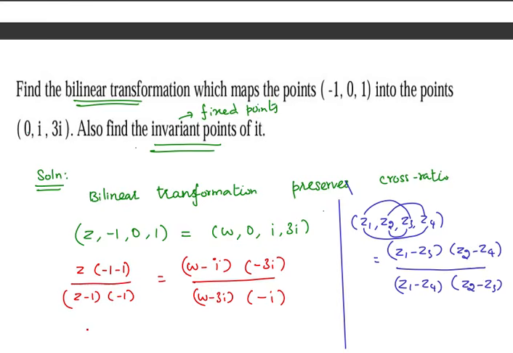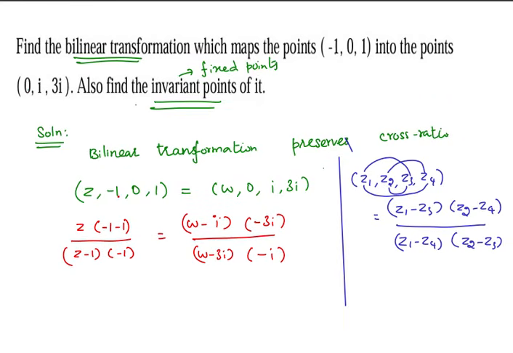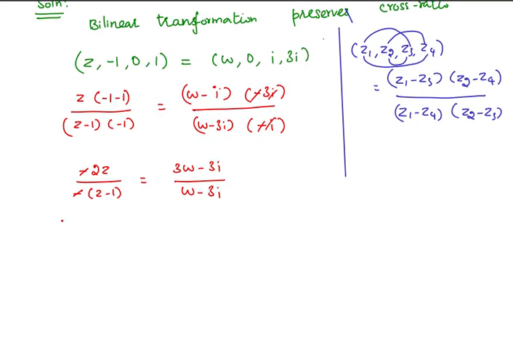So this is the case. Now the left side is minus 2 times z divided by minus z minus 1. This minus cancels, i cancels. So we get 3 times (w minus 3i) divided by (w minus 3i).